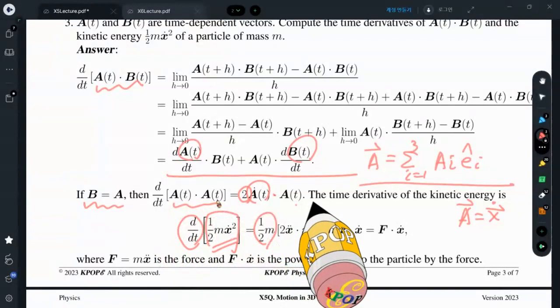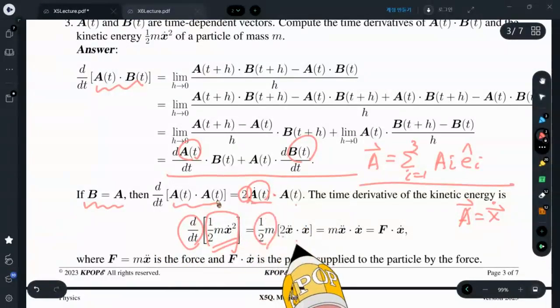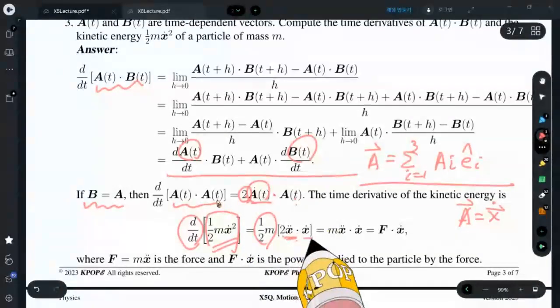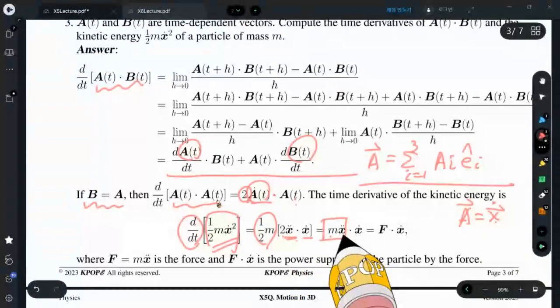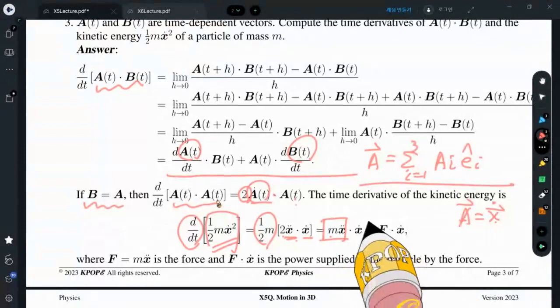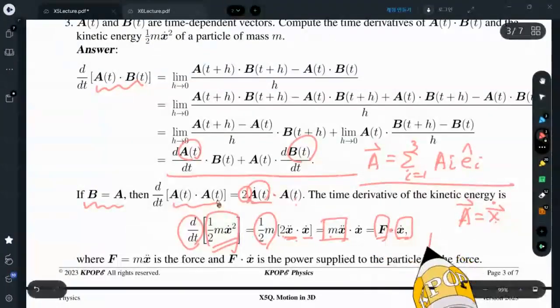We use this formula, then the result is a factor of 2, the second derivative, that is acceleration, and then the first derivative. So what's that? Mass times acceleration, that is a force. So force times velocity, this times is a scalar product. We call it power.